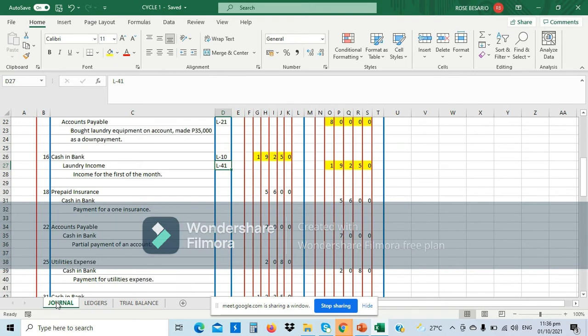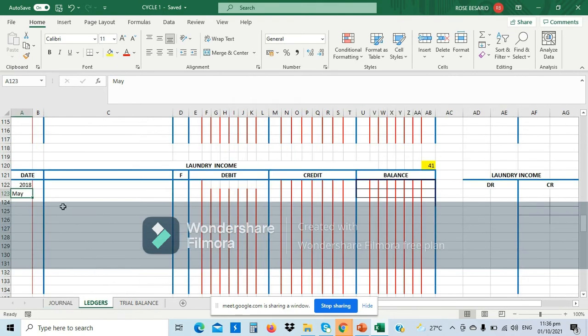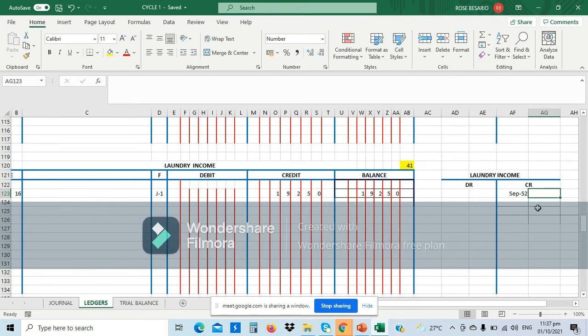May 16. Okay. So laundry income is credit. So from J1, laundry income is credit 19,250. Then extend 19,250. Okay? And then in your T account, you also have to post here 19,250. Okay.